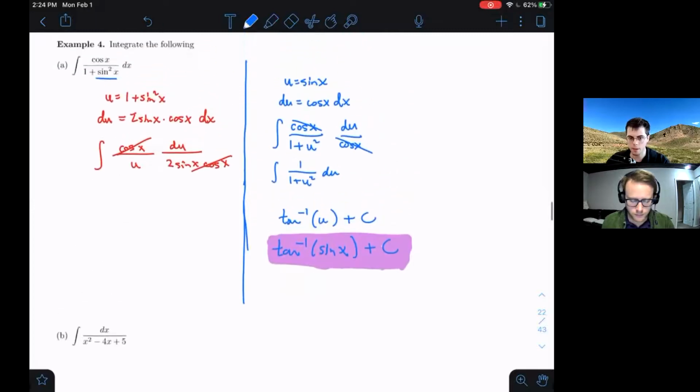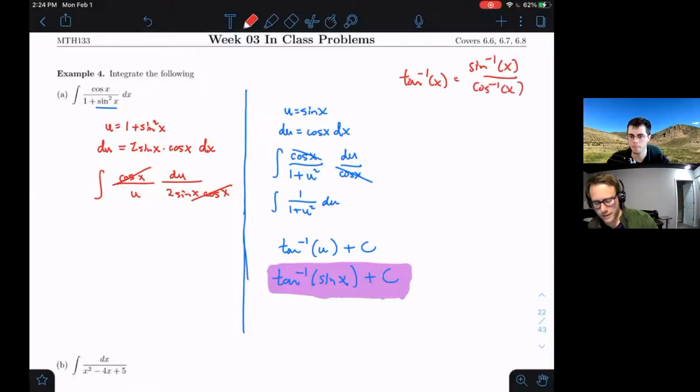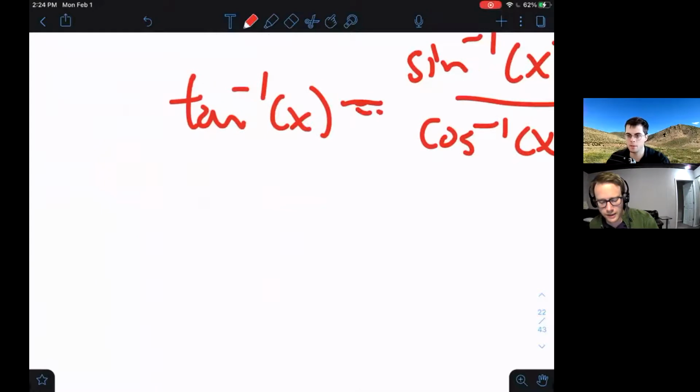Okay. Can tan inverse be written as sine inverse divided by cosine inverse? This is a great question. So can tangent inverse be written as sine inverse divided by cosine inverse? And probably you can tell by my choice of pen color that sadly, this is not true.